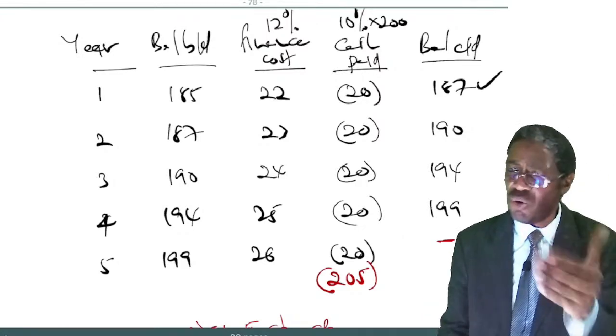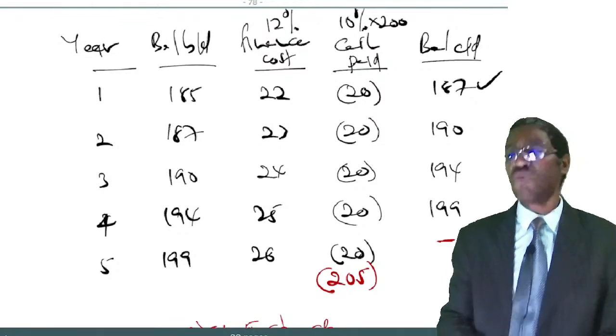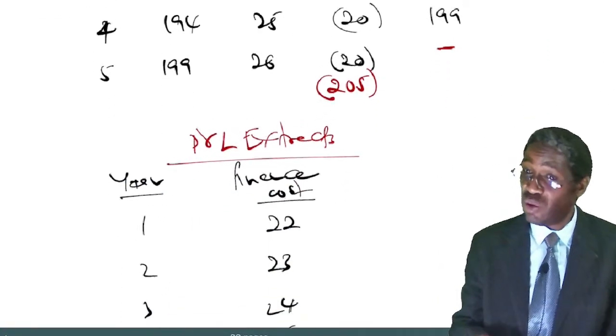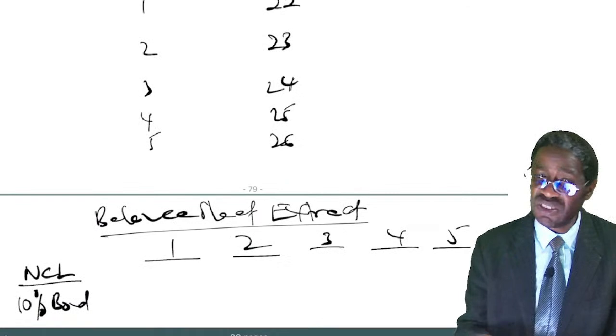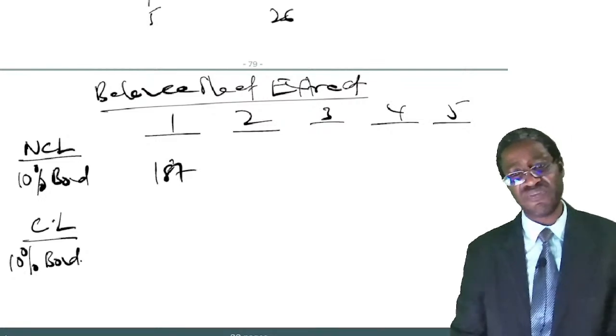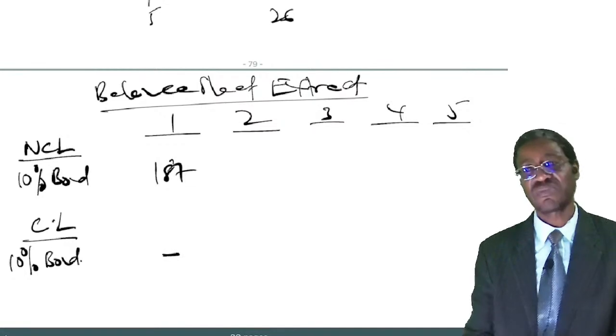Those are 4 more years to go. So that 187 will take me more than a year to pay. So in the balance sheet of year 1, that 187 will go as a long-term liability. In that year, there will be no current liability.